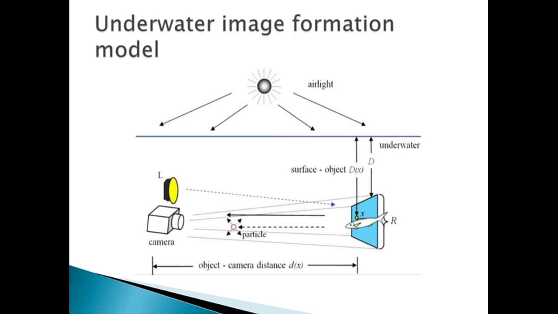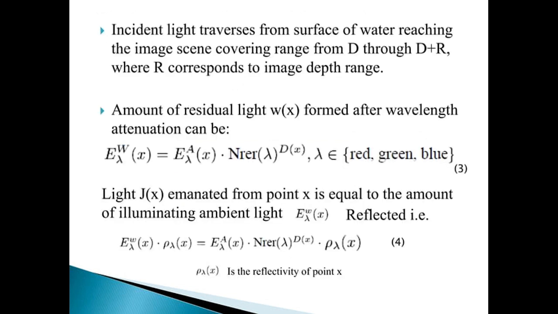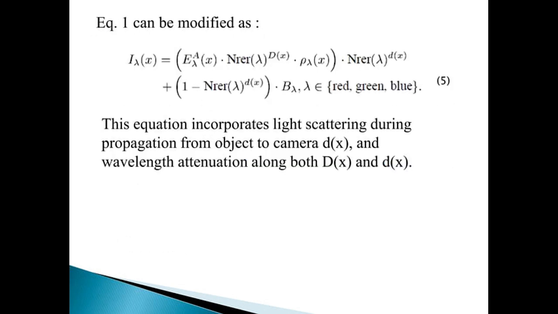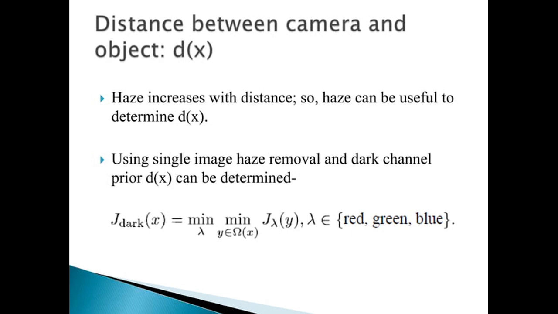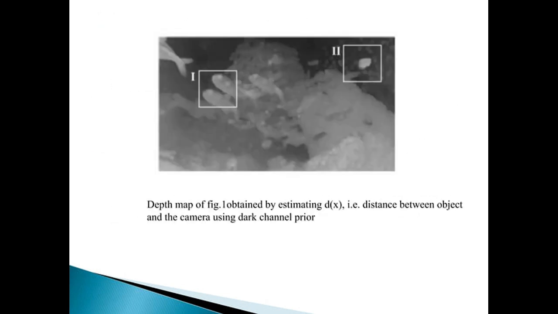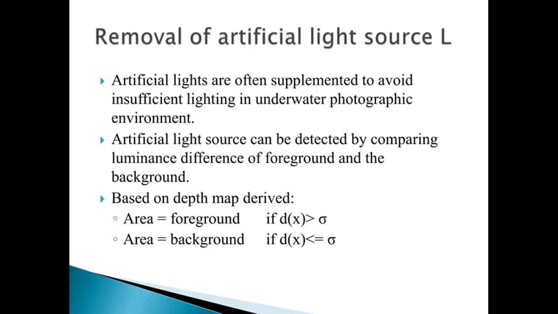And this second one, capital L, represents the artificial light source. All these are challenges, and they have to be modeled accordingly. The artificial light and camera, the depth, and some unwanted objects present between the camera and the object, the distance, everything is a challenging part here, and the artificial light source also has to be removed.